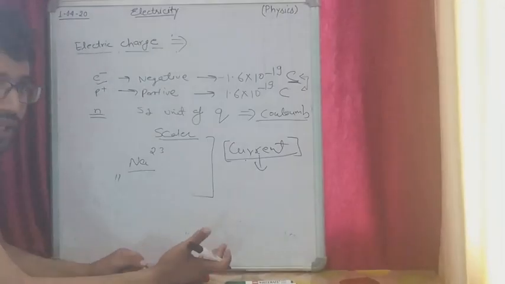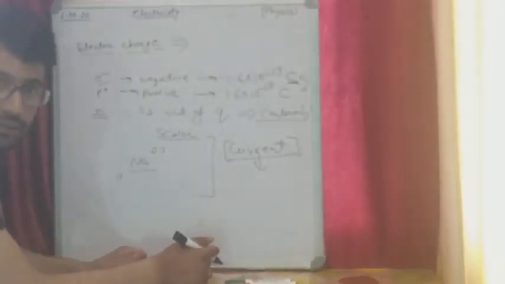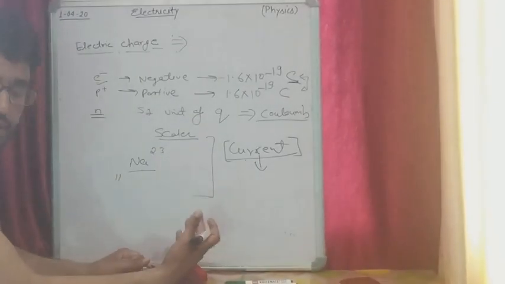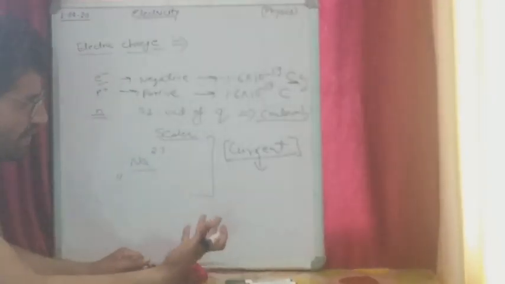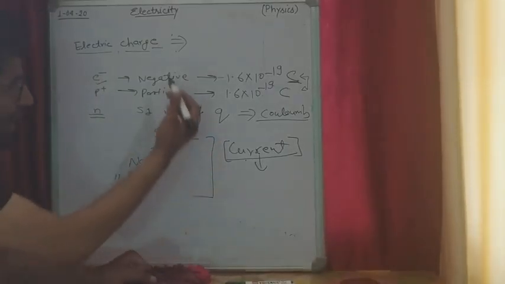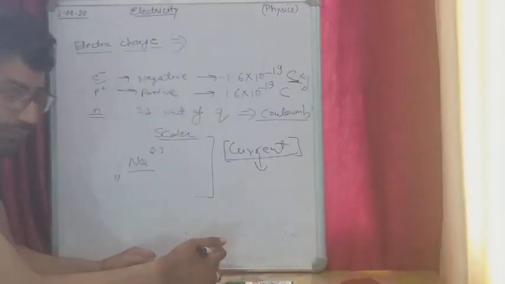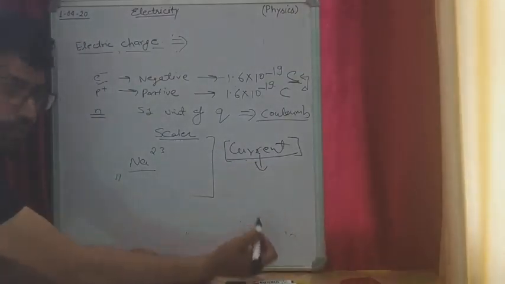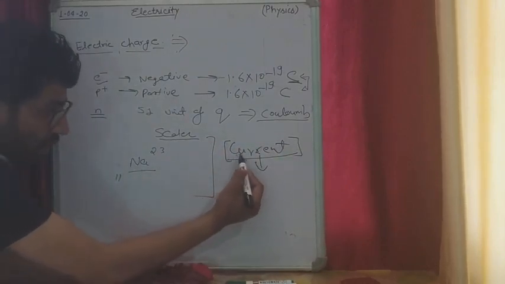You know what is water current? And we also know about air current. When air flows, then we usually say air current. When water flows, then we say water current. Same thing: when electric charge moves, then we say electric current. What is electric current?